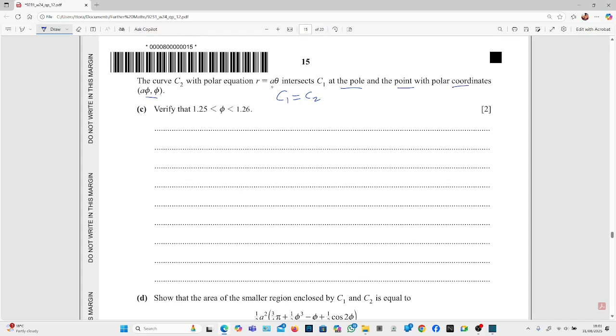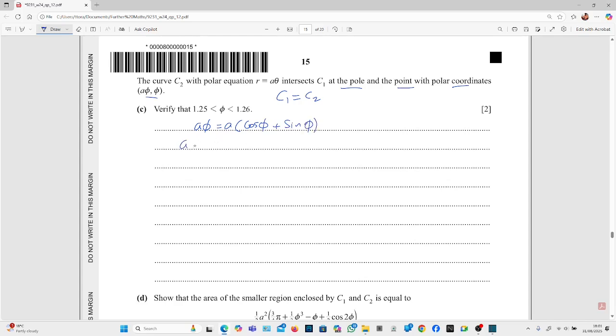So we have aθ, I'm going to call it φ now. So aφ is equal to the other equation, which is a(cos φ + sin φ). So now we're going to build an equation here.